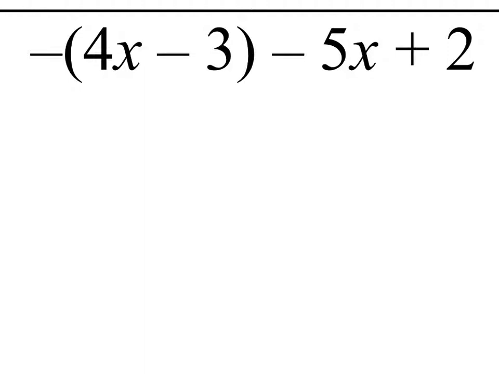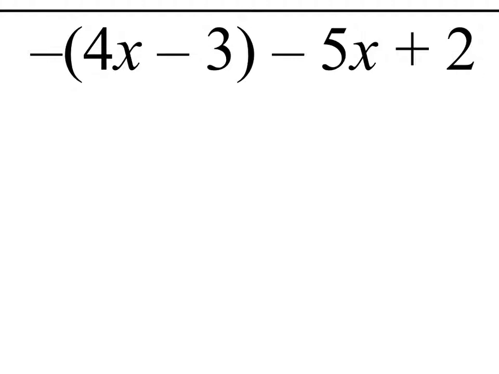Okay. So what you're going to do, so you have negative, what was the 1 again? Or the negative sign? There's a negative sign out of the parenthesis. It's a negative 1.